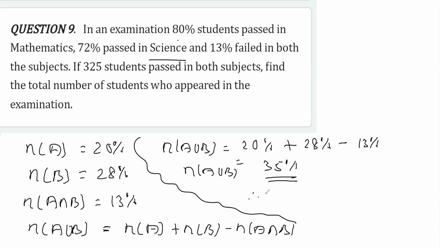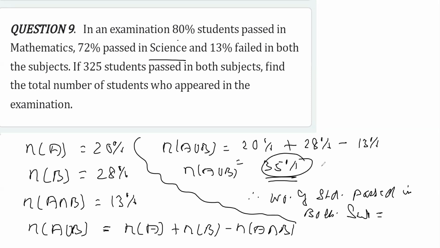So we can say, therefore, the number of students who passed in both subjects has to be what? So these are the percentage of students who failed either in maths or science or both. So we can conclude that the remaining, that is 65%, must have passed in both subjects.